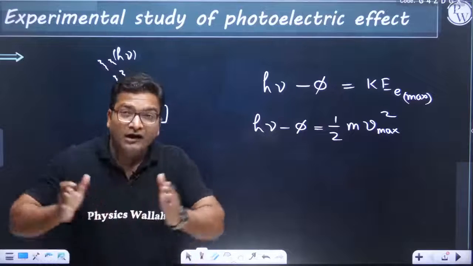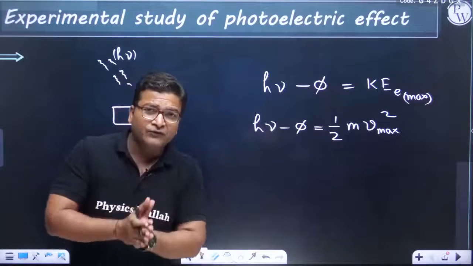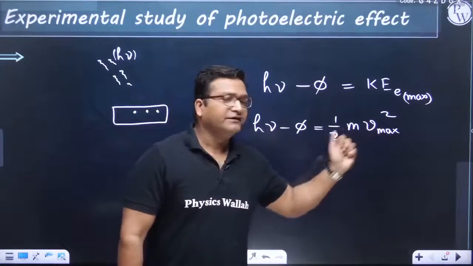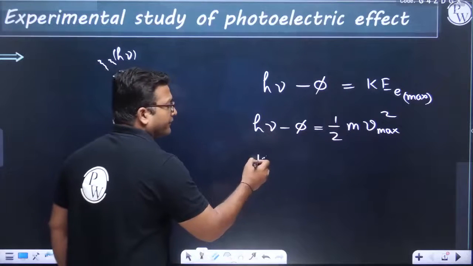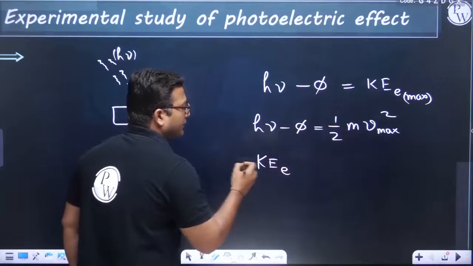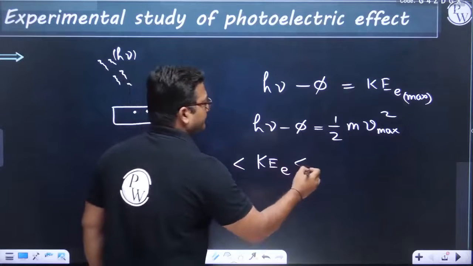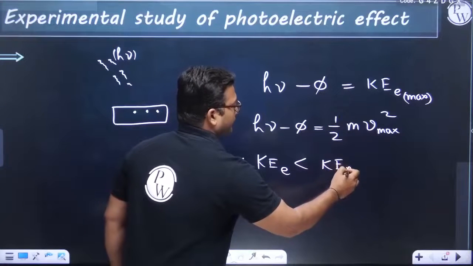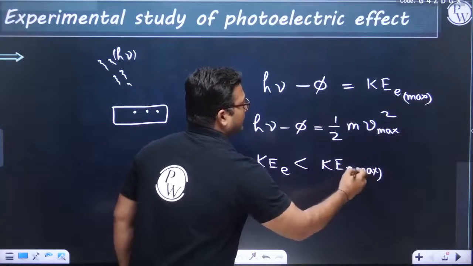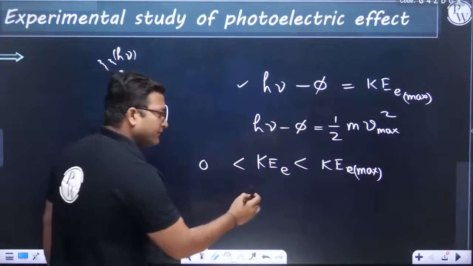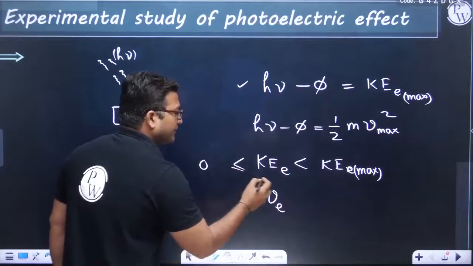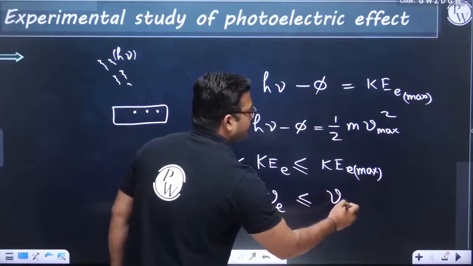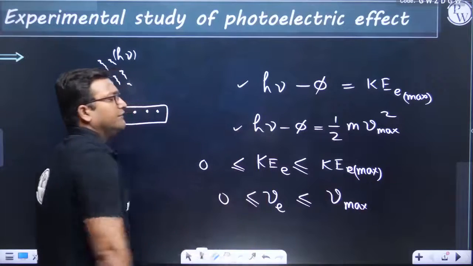All other electrons will have kinetic energy between 0 and this maximum, and speed between 0 and this maximum. So you can say the kinetic energy of an electron is between 0 and the maximum kinetic energy obtained by this formula, and even the speed of the electron is between 0 and v maximum obtained by this formula.